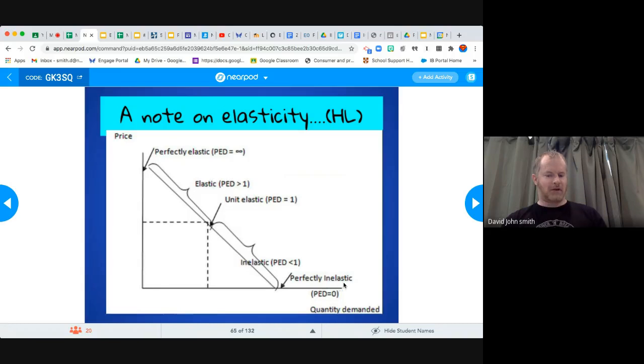And it will be perfectly inelastic exactly at the point where it intersects with the quantity axis. So a big separate bullet point within the syllabus, specifically this year, because it's a change from last year, this year specifically targeting HL learners only, is that your elasticity varies along your demand curve.